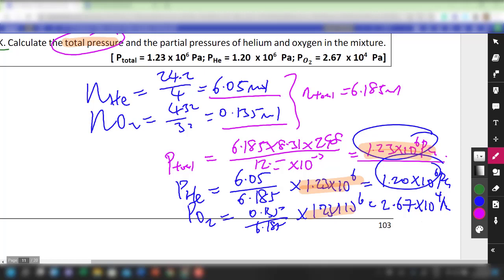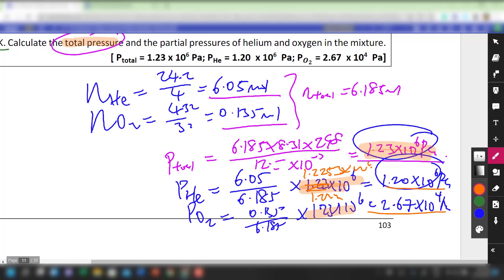You should be getting, over here, the numbers you should be using will be 1.2253 times 10 to the power 6. If you are using these numbers, then I think it makes more sense for you to get the final answer to be close to what I have input here.